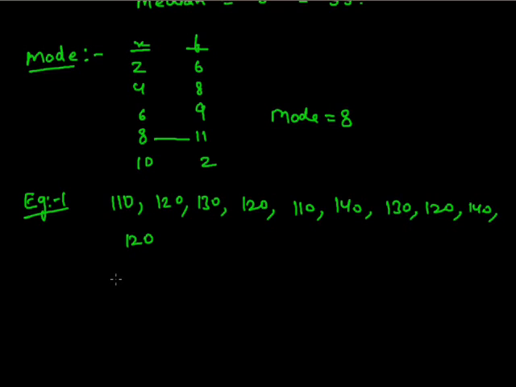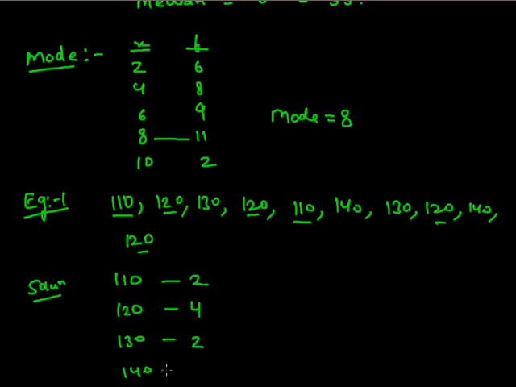The frequency of 110 is 2, since it appears 2 times. 120 appears 1, 2, 3 and 4 times, so the frequency of 120 is 4. The frequency of 130 is 2, and the frequency of 140 is again 2.